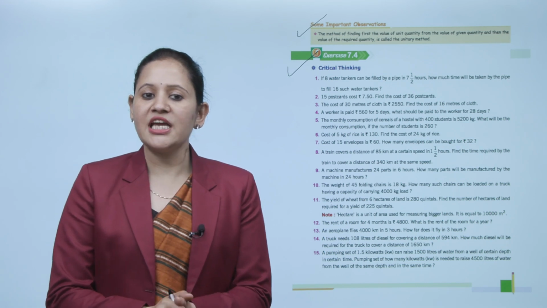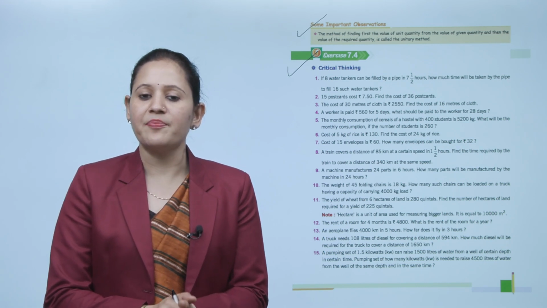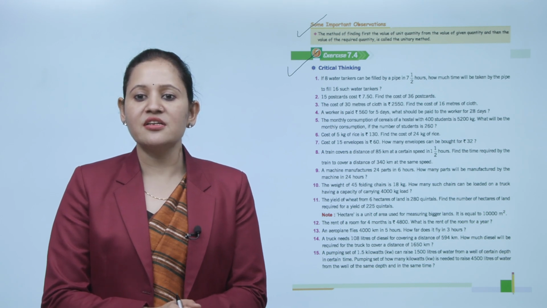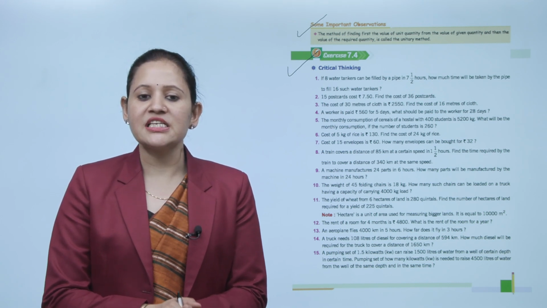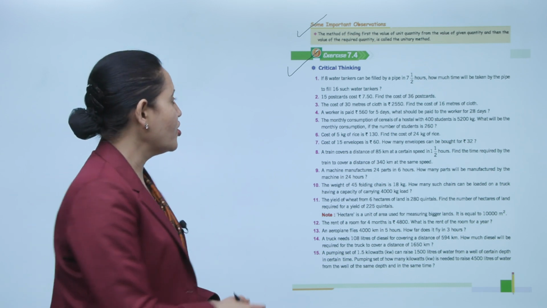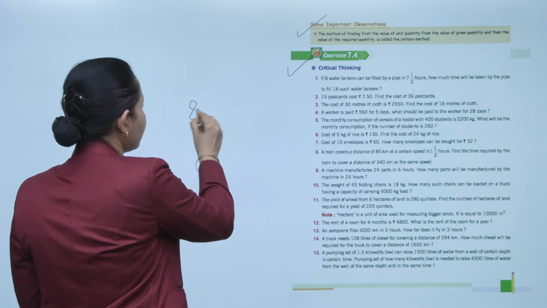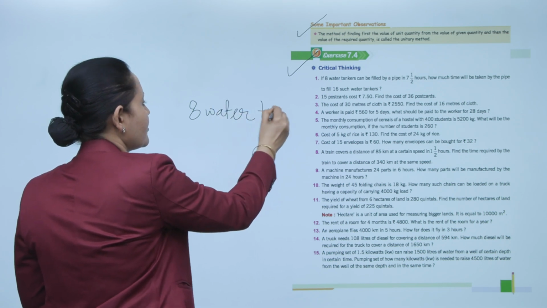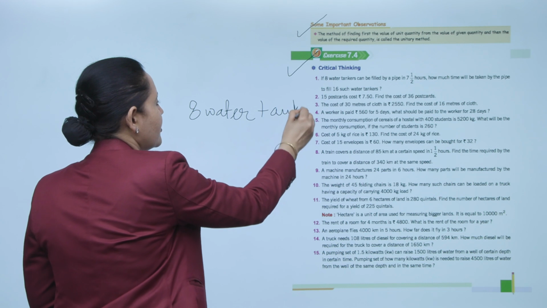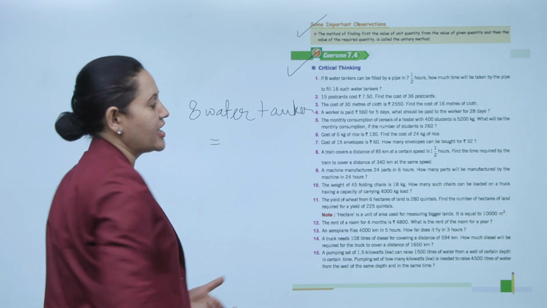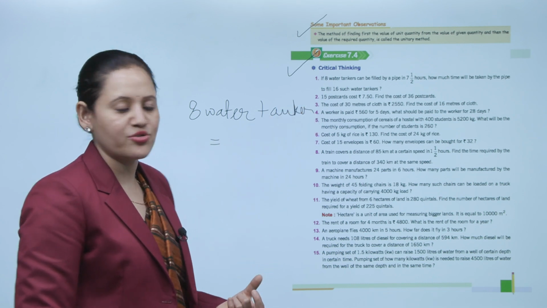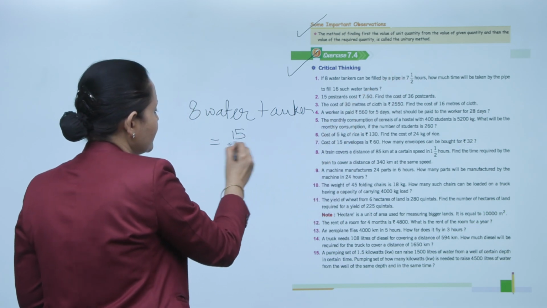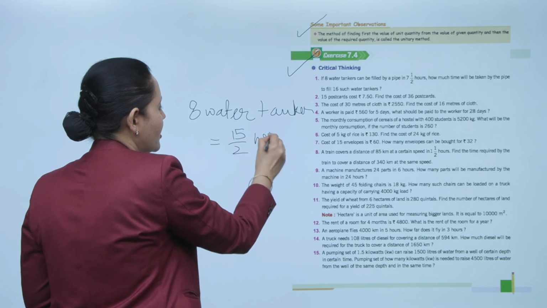Critical thinking. If 8 water tankers can be filled by a pipe in 7 1/2 hours, how much time will be taken by the pipe to fill 16 such water tankers? So, for 8 water tankers the time is 7 1/2 hours, 7 times 2 is 14 and 1 is 15, so 15 by 2 hours.